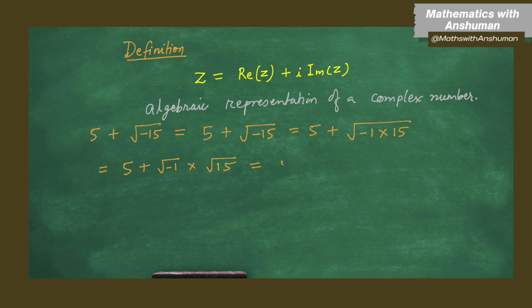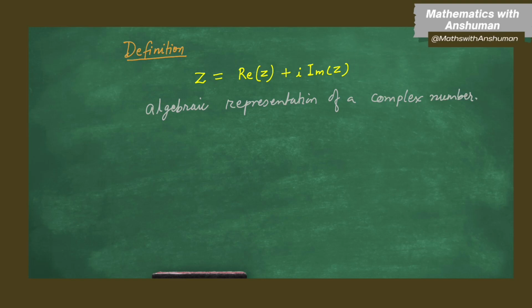And then under root minus 1 can be written as iota and then it can be multiplied to under root 15. And now it looks like a complex number where the real part of this number is 5 and the imaginary part of this number is under root 15.